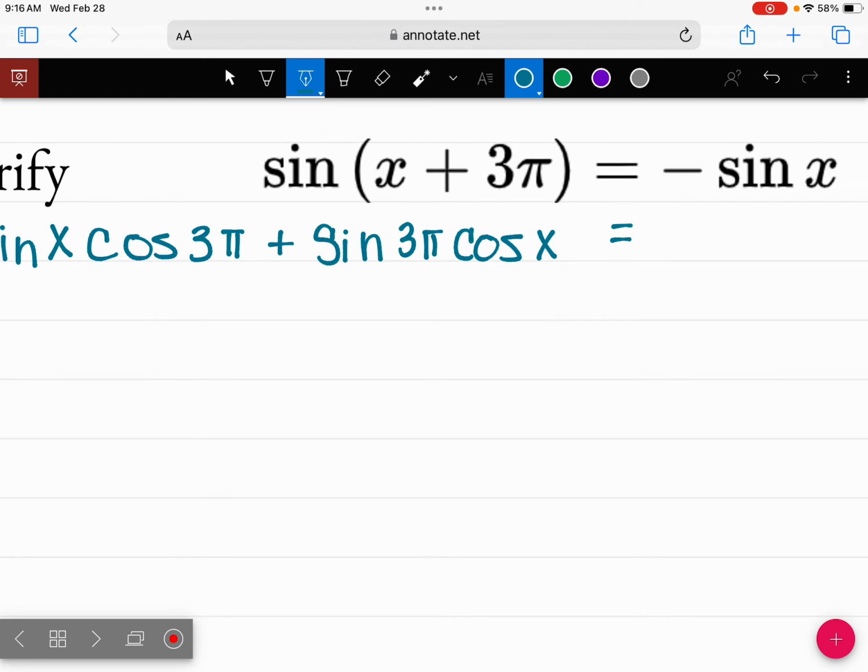So the first thing we do is we write out that formula and put in the values that we have. Then we're going to try and simplify these things.